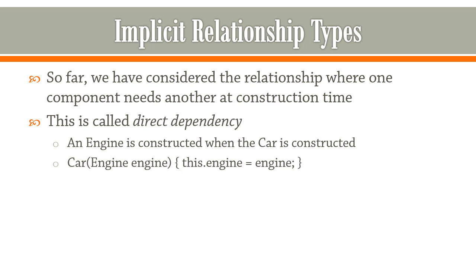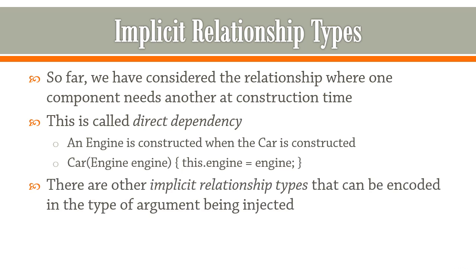But there are other relationships in addition to this direct dependency that will depend on the type of argument that's being injected. So instead of injecting just the engine, you might be injecting a lazy engine or an owned engine or a func of engine, and those things all assign additional behaviors to the way that the very injection mechanism actually works.